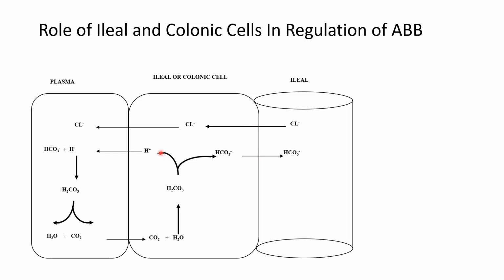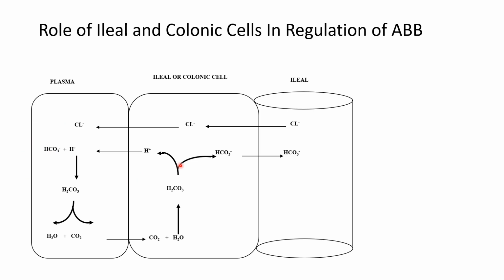At the same time, one unit of hydrogen ion is generated in this process, which is pushed into the plasma. So in a situation of alkalosis where there is a large amount of bicarbonate in circulation, the hydrogen ion generated in this process can combine with the excess bicarbonate to form carbonic acid and then form water and carbon dioxide, which may help to mop up excess bicarbonate in circulation.